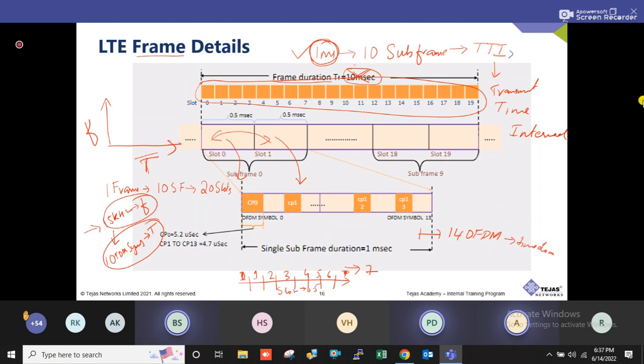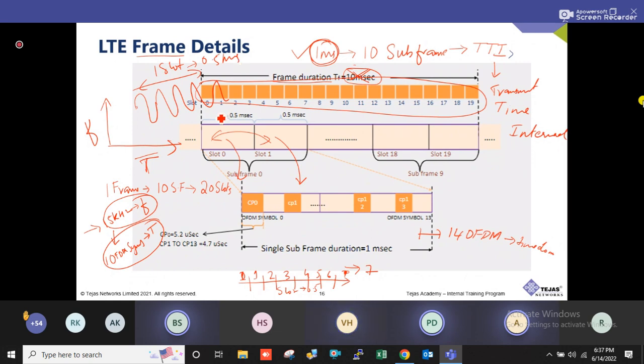Every slot has 7 OFDM symbols. Is it an OFDM symbol, or is it a time slot? No, it is not called a time slot. It's called a symbol. Ultimately, this is called a symbol. Such 7 symbols are there in one slot. One slot means a 0.5 millisecond slot. Correct.